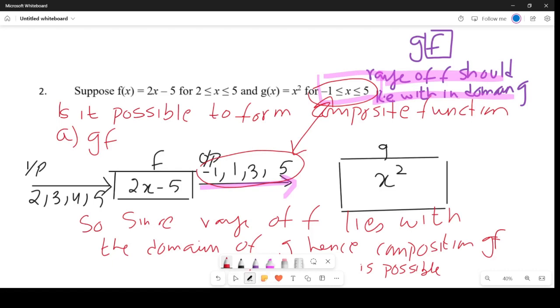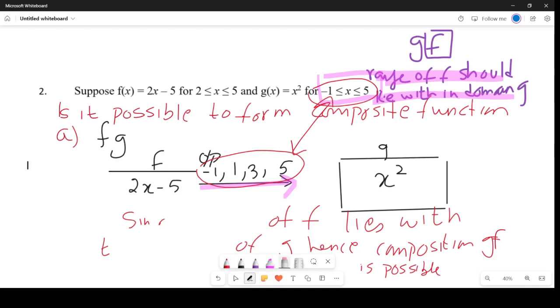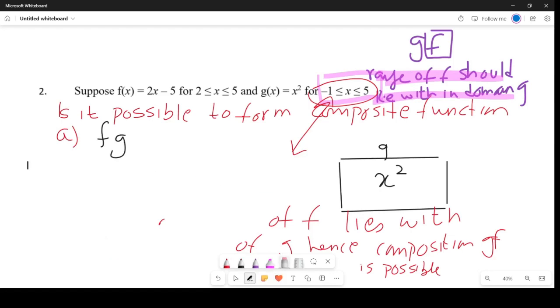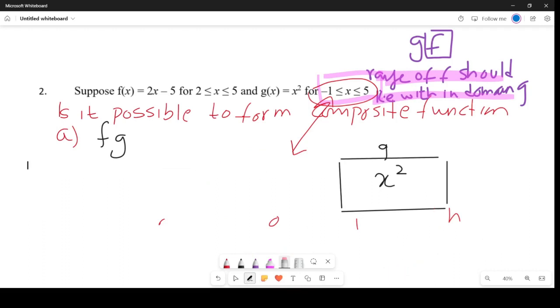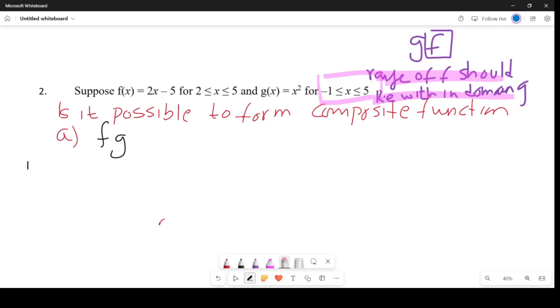Now we're going to check the same for fg. For fg, what do you need to show?